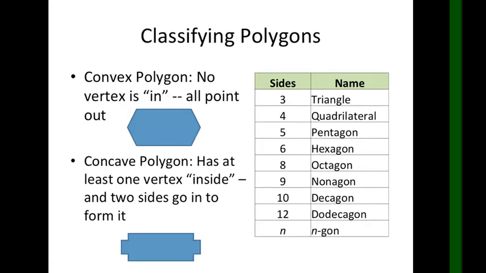So, classifying polygons. We have two classifications actually, the convex polygon and the concave polygon. A convex polygon has no vertex pointing in, all points out.